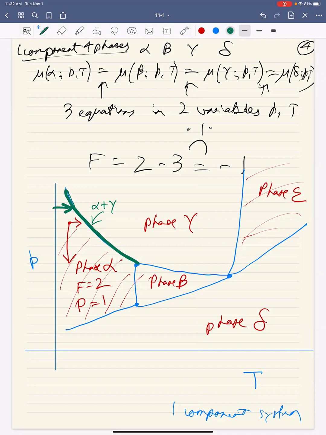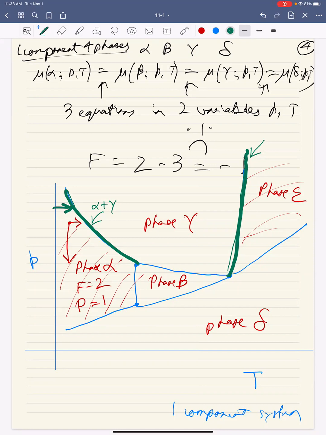Okay. How about this one? Same idea, right? It's again a boundary between 2 phases, 1 degree of freedom. You cannot vary pressure and temperature independently. Anytime you have pressure, you have the value of temperature. So what 2 phases should exist along this line between gamma and epsilon?